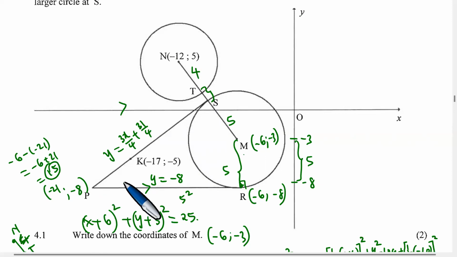Now, what is the area of this? We know this one already, the tangent. We said the length of the tangent is 15 units. This one is 15 and this one is also 15. We got the 15 because we knew that this is minus 21 and this one is minus 6. And then we found the distance between minus 6 and minus 21 by subtracting 6 and 21. The distance is positive, so you must subtract them so that you get a positive answer.